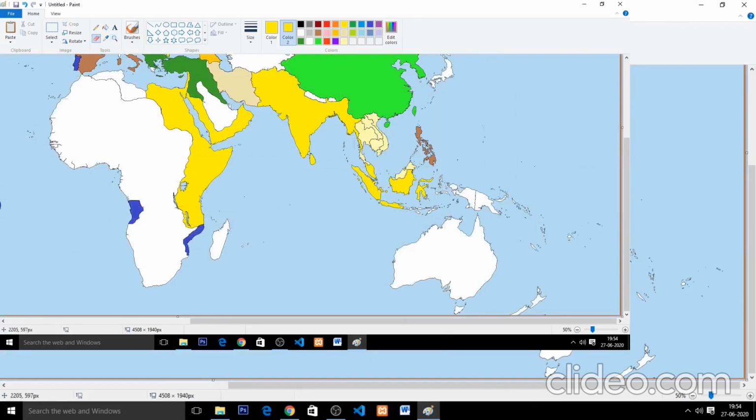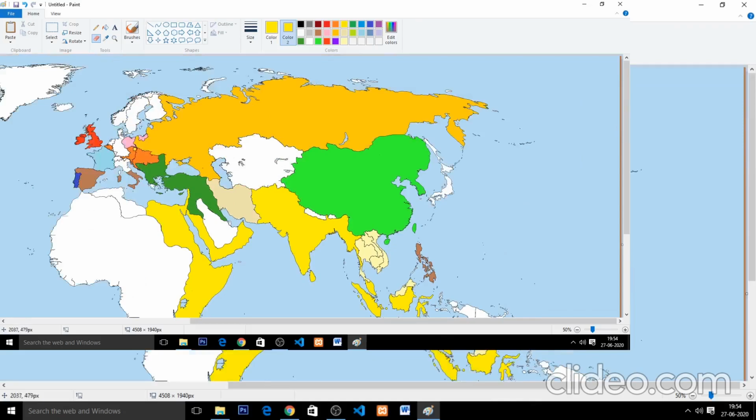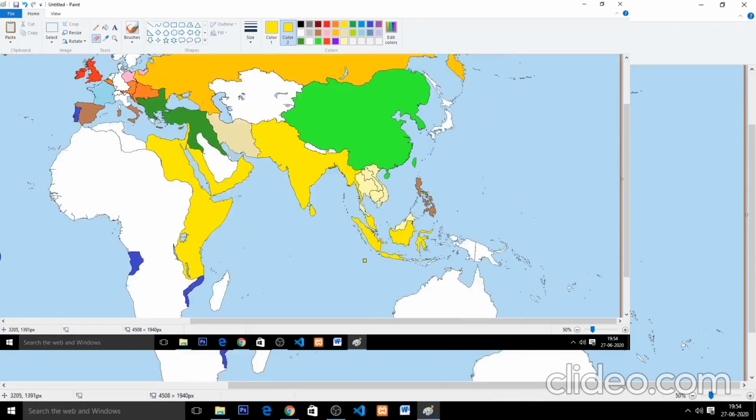Qing remains isolationist, powerful, but just the sleeping dragon basically, and it continues on its own merry way while India becomes an expansionary power, and the rest of the world it's really hard to say.